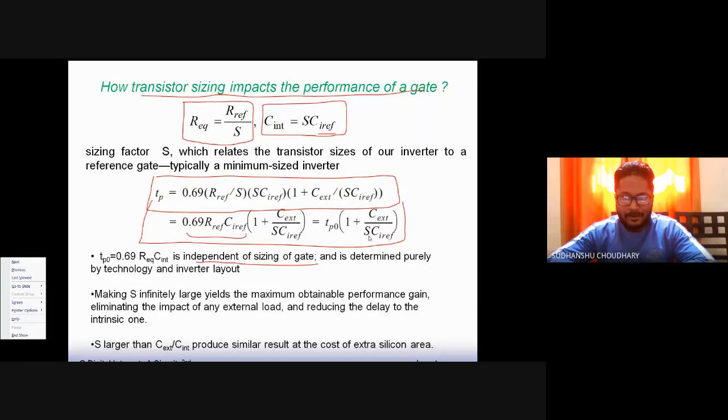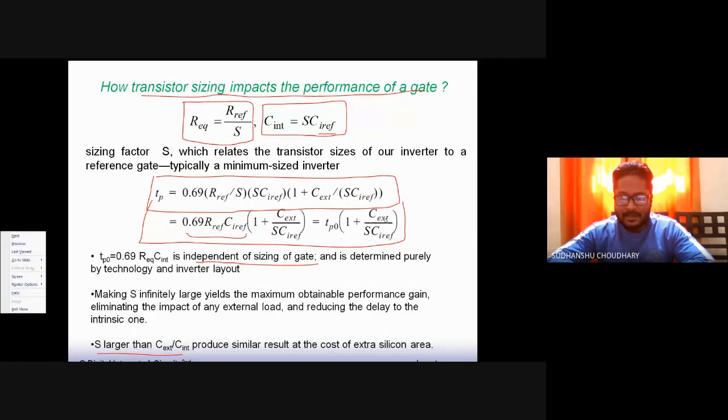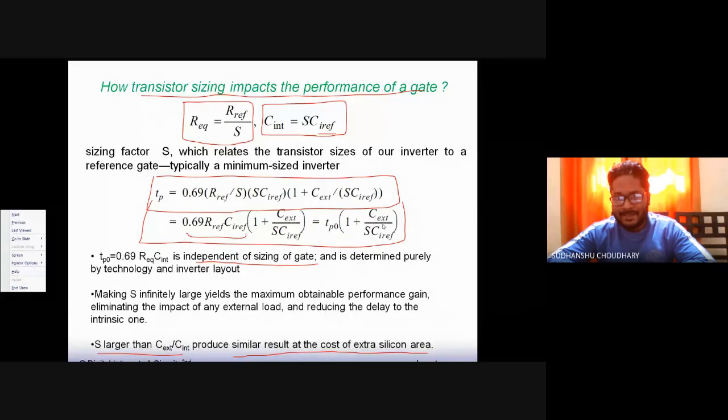In fact, there is a guideline that if you keep S larger than the ratio C extrinsic by C IREF, this will result in a similar delay, but that delay will come at the cost of extra silicon area. So it is advised not to make S greater than C extrinsic by C IREF, because the delay improvements are very small if you increase S above this level. But yes, the cost of the circuit goes up.